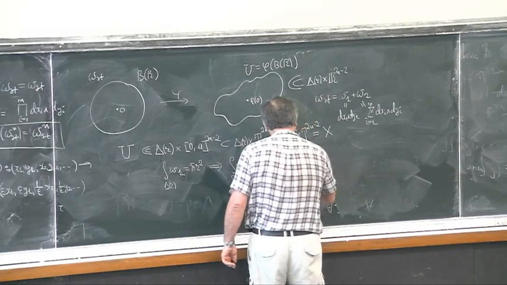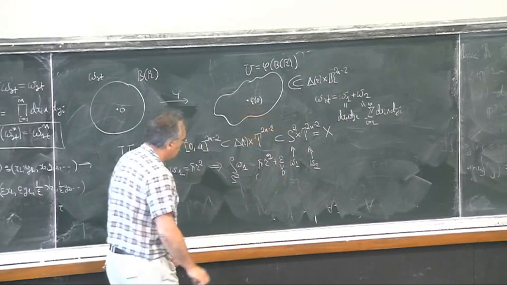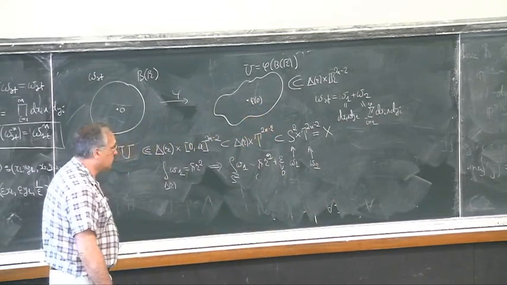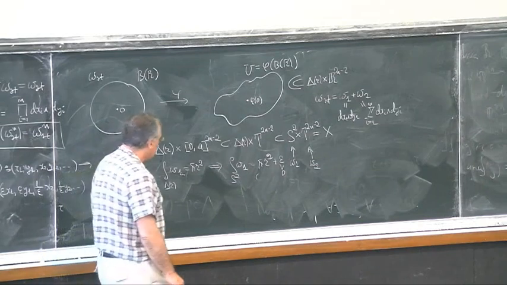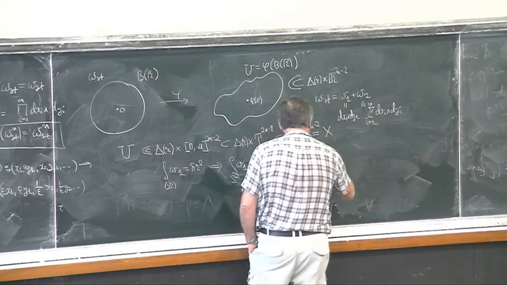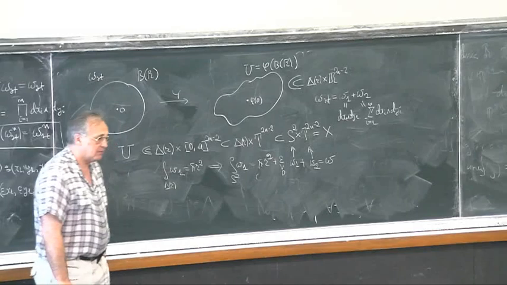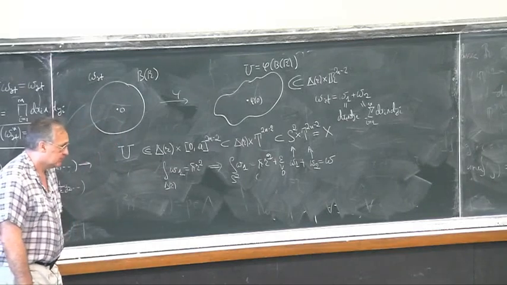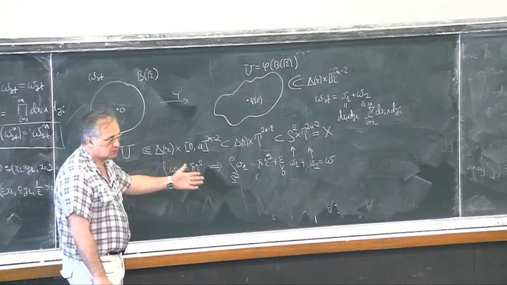So omega 1 was extended to the area form on S². Omega 2 is not changed. And the sum omega will be a symplectic form on our manifold X, because omega 1 is closed and omega 2 is closed too.